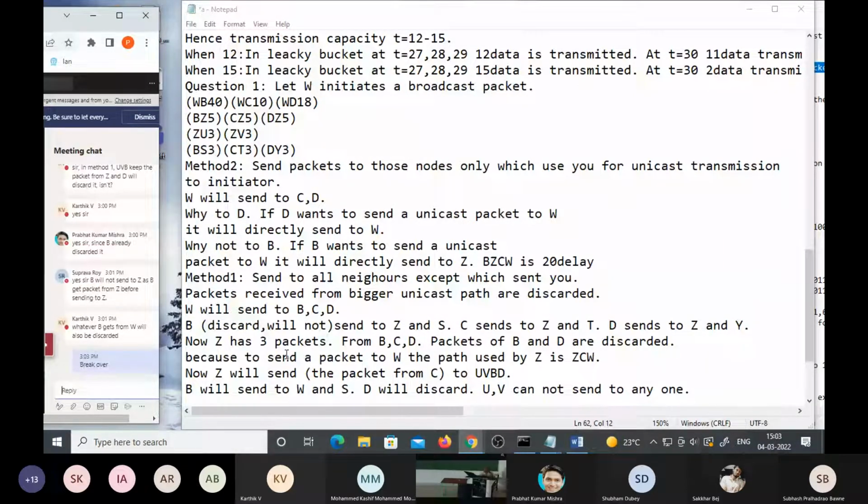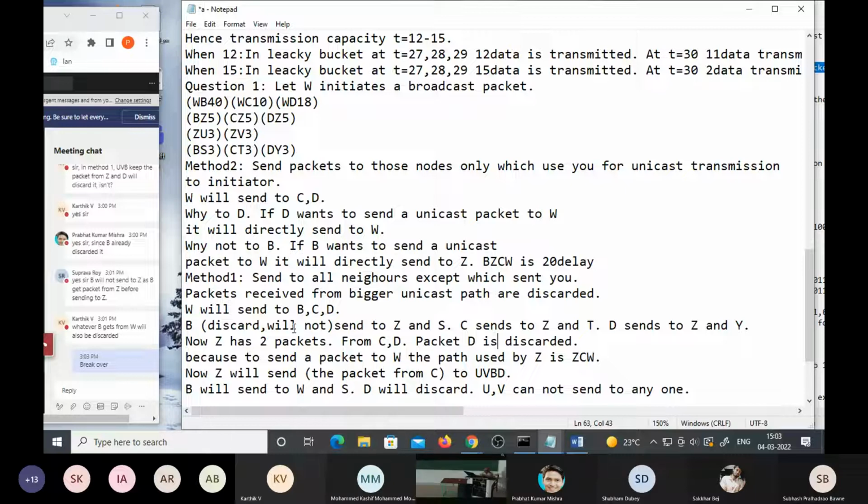Z will be getting 2 packets from C and D. Packet of D is discarded. Is it correct? Because to send a packet to W, the path used by D is C, W. And similar explanation can be given.